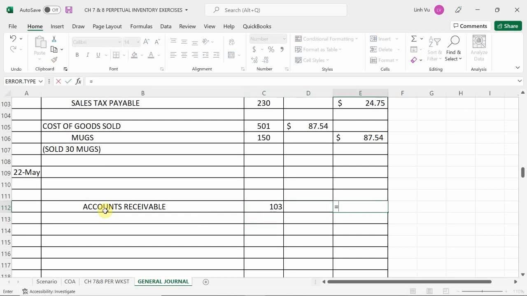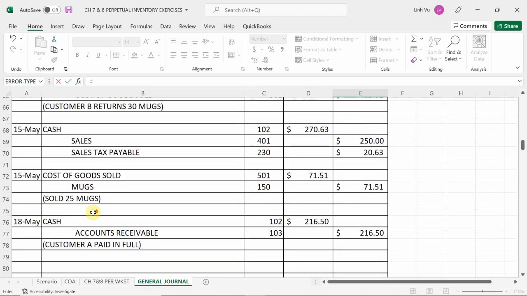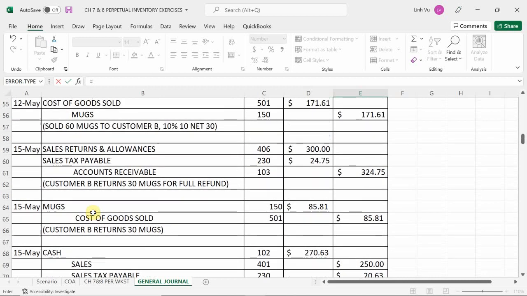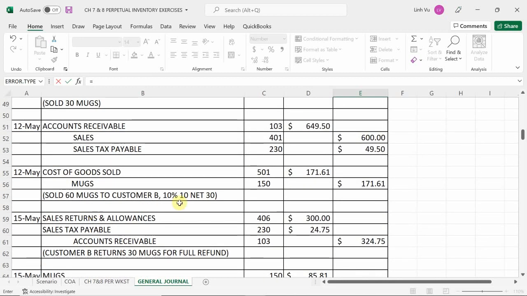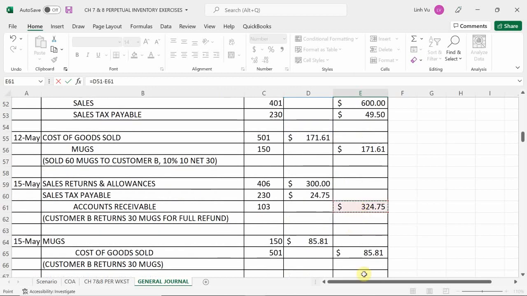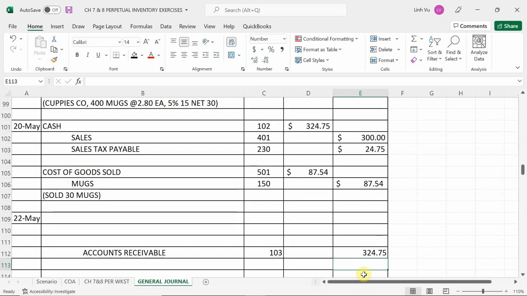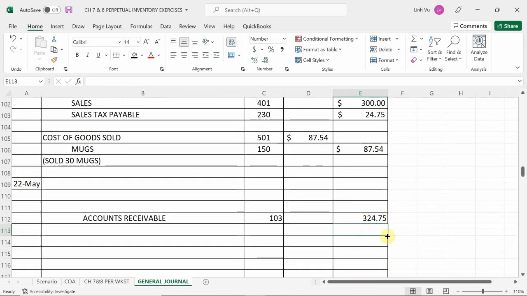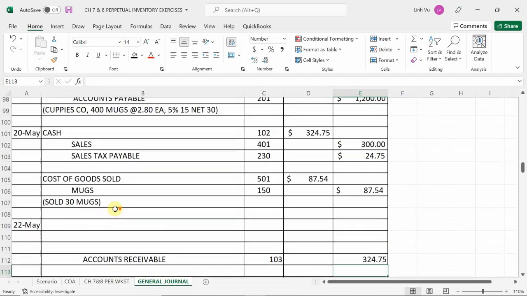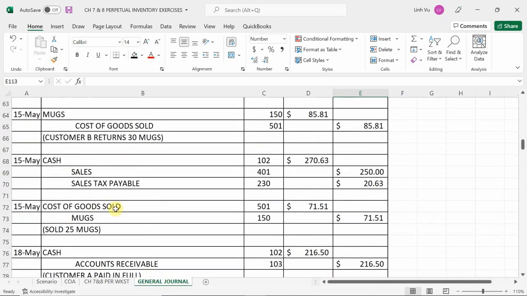In this case, if the original was $649.50, and we end up refunding him $324.75, that means customer B owes me $324.75. Okay? Now, in this case, when did we sell to customer B?